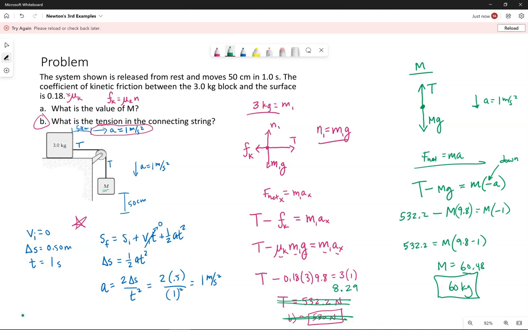The tension ends up being 8.3 newtons. That seems more reasonable. I am going to use the more digits in terms of solving for the mass. That seems much better.